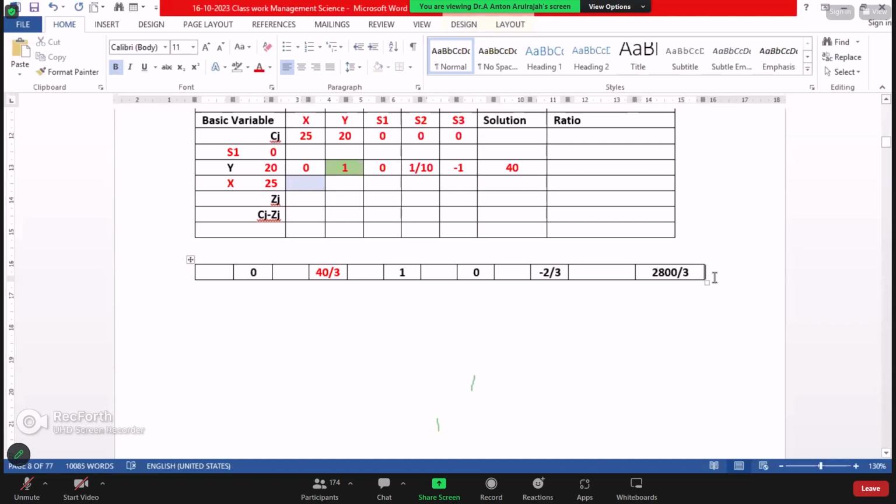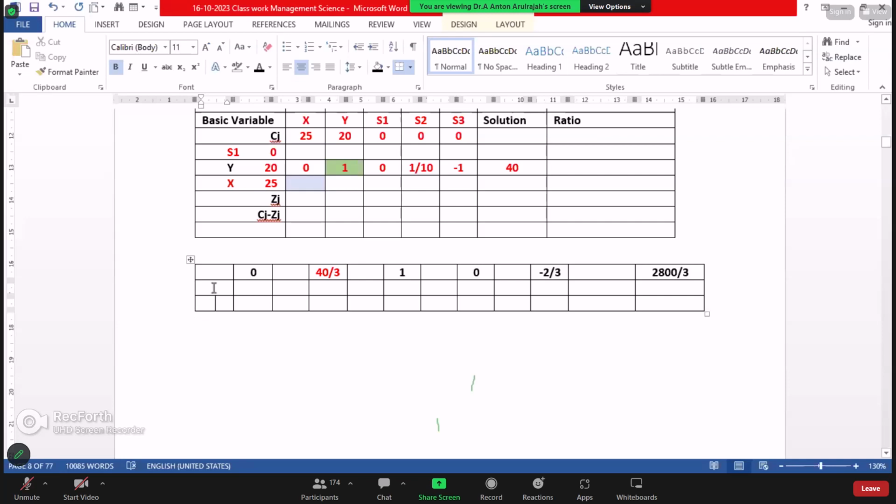After that, this first one I have to multiply, the 0 into 40 by 3.